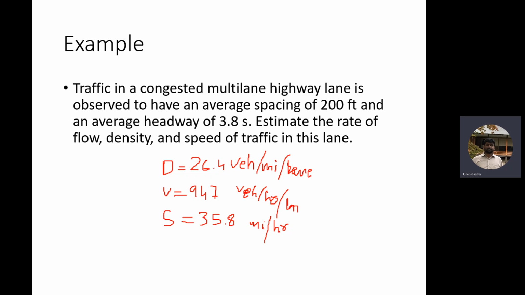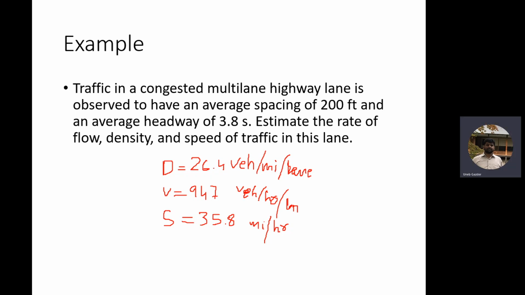Now, what about speed? Should speed be per lane? No. Because if I tell you I have 26.4 vehicles in one lane, how many vehicles in two lanes? You will multiply by 2, and it will be a different number, 50 something.